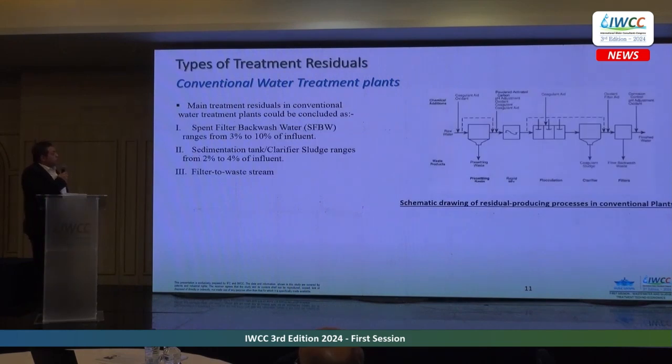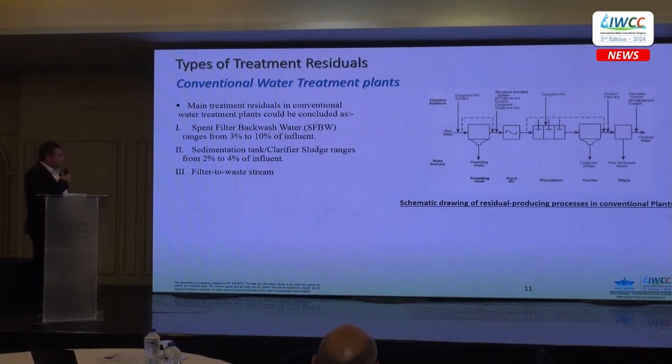Types of treatment residuals in a conventional treatment plant: we have three main residuals here. The first one, and the majority of residual, comes from spent filter backwash water, and it ranges from 2% to 10% of influent, while coagulant sludge ranges from 2% to 4% of influent, and then filter to waste.